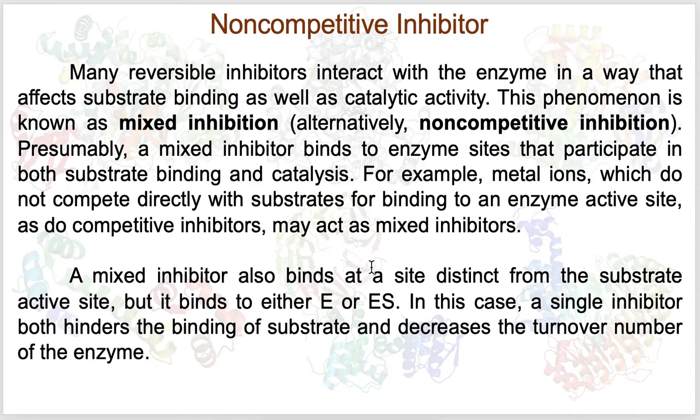Thus the non-competitive inhibitor can hinder both the binding of substrate and decrease the turnover number of the enzyme, because they also interfere with the catalytic activity of the enzyme. They have both effects.